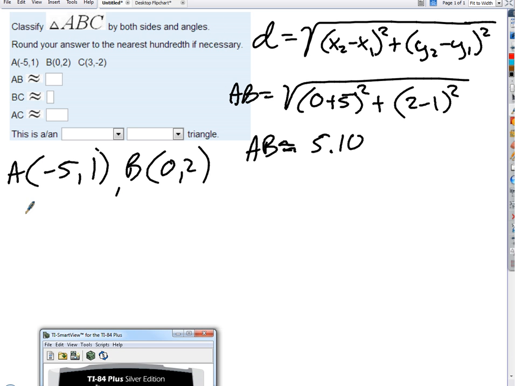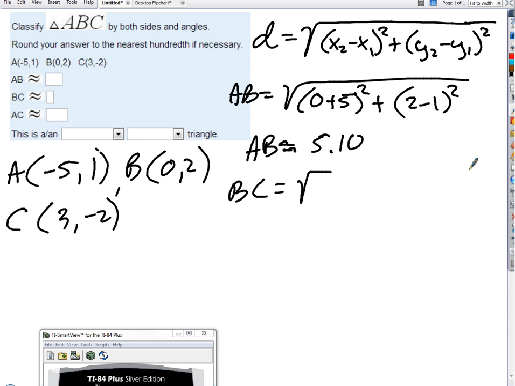Okay, let's do the same thing for BC. Here's C. C has coordinates 3, negative 2, right? So BC would equal the square root of what minus what? Negative 2 minus 2. We can do the y's first, that's fine. Negative 2 minus 2 squared, right? Plus 3 minus 0 squared.